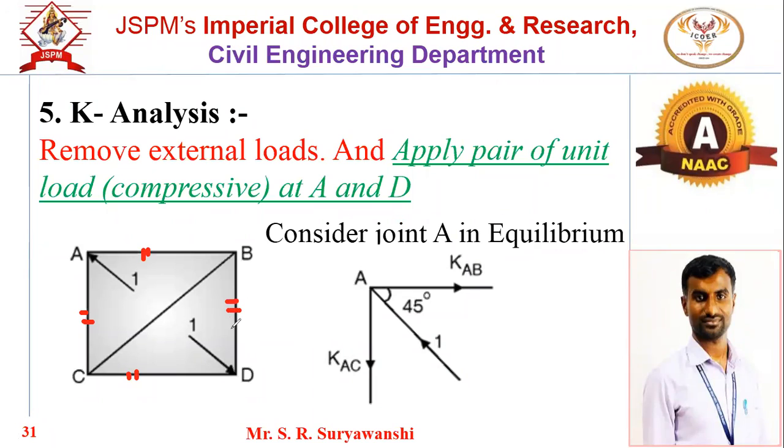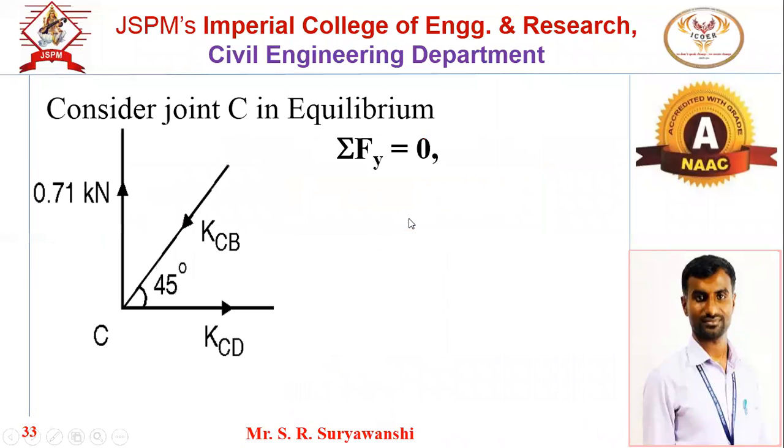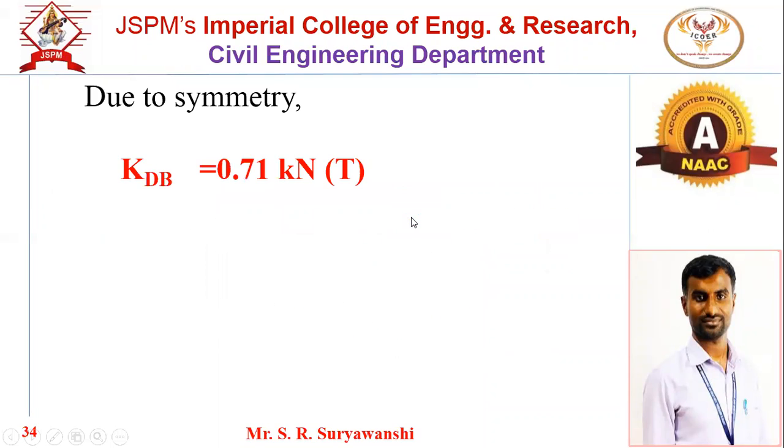And for this diagonal, we have calculated the member force, that will be compressive. Due to the symmetry, you can consider joint A, and the same member force will be reflected for CD and BD. So you can write for the remaining members. So we can conclude KDB, the member force will be 0.71 kilonewton tensile.